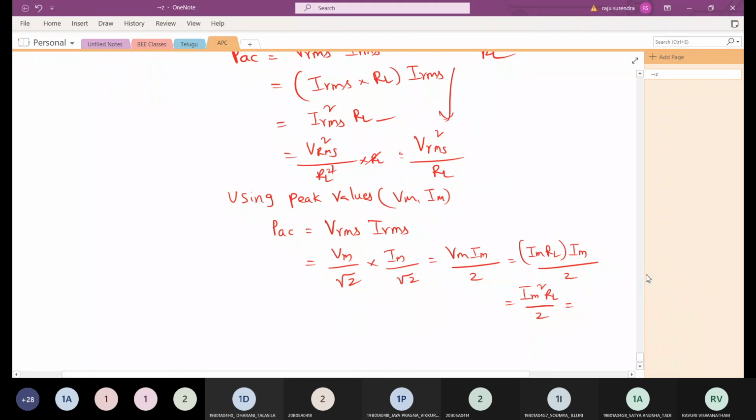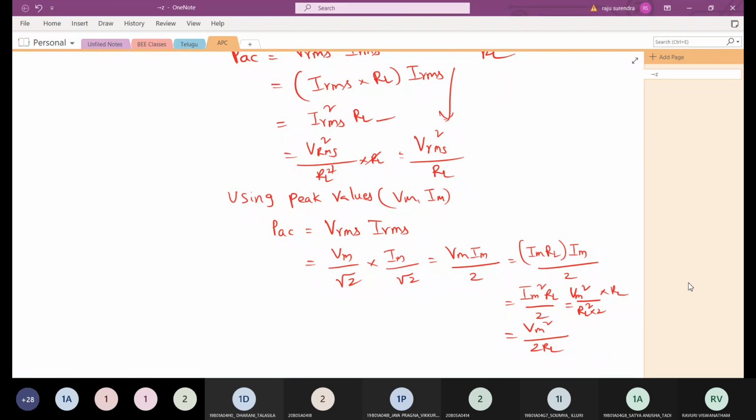If you want to expand like that also, we can expand. So, Vm square by RL square into 2 multiplied by RL. We will get Vm square by 2 RL.